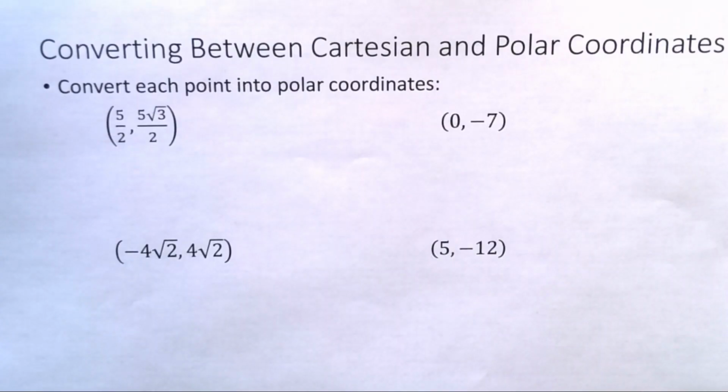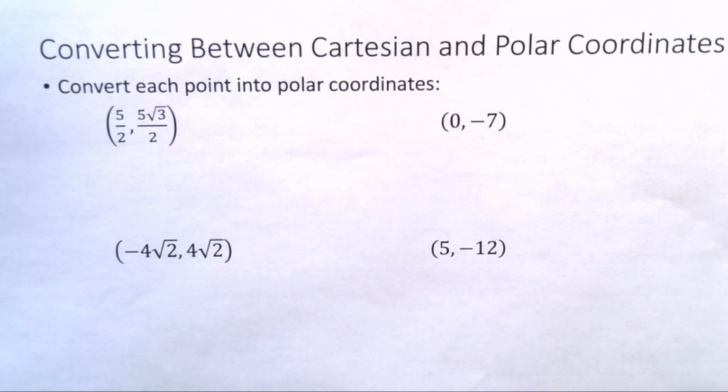So, let's convert from Cartesian coordinates to polar coordinates. In this case, we are given x and y values, and our task is to find r and theta. The first equation of importance is that r is the hypotenuse of a right triangle involving x and y.